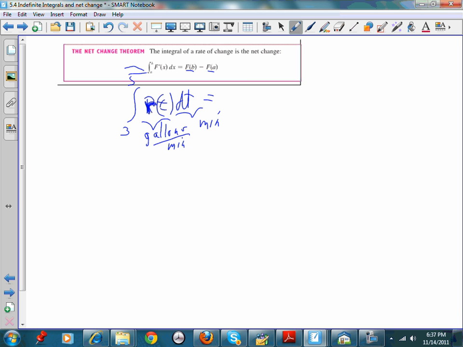This is just going to be big R of 5 minus big R of 3, where this is the antiderivative. And what we're really adding up here is gallons. This might be the number of gallons in the tank at time equal to 5, at 5 minutes, and this could be subtracting off the amount of gallons in the tank at 3 minutes.